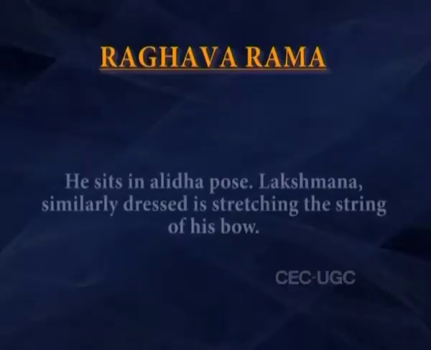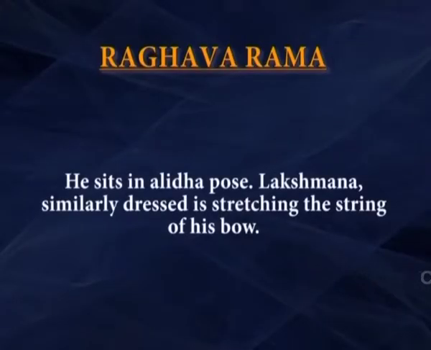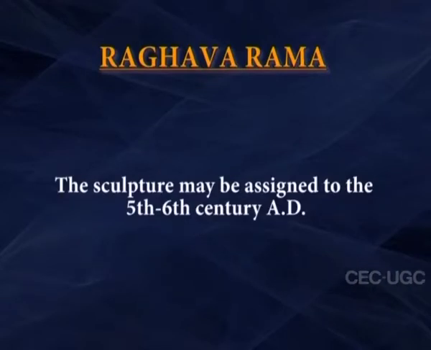It is interesting to note one more band girdles the chest which comes from the junction of the former bands. He sits in Alidha pose. Lakshmana, similarly dressed, is stretching the string of the bow. The sculpture may be assigned to the 5th-6th century AD.